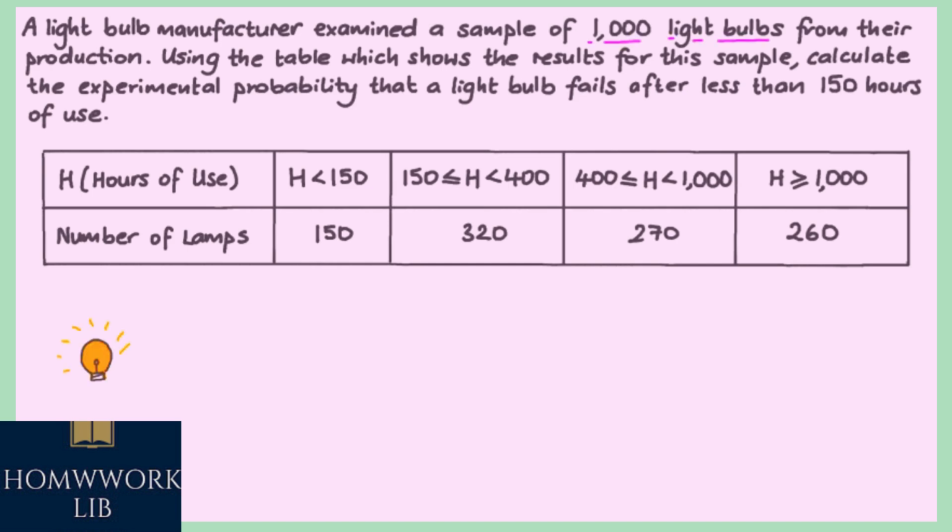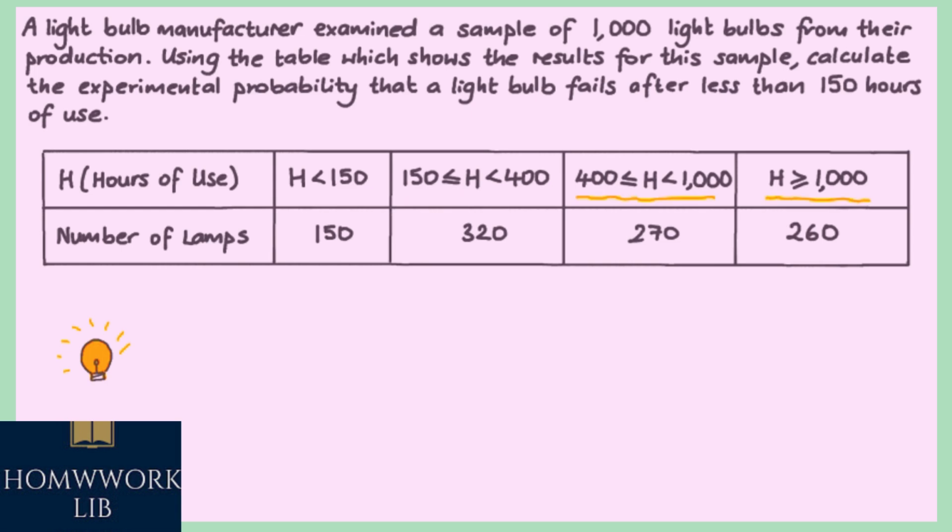In this problem, a manufacturer is testing the lifespan of a sample of 1,000 light bulbs that have been manufactured. These lifespans are entered into a table, with the first group being light bulbs that last for less than 150 hours, and the second group being greater than or equal to 150 hours, but less than 400 hours.